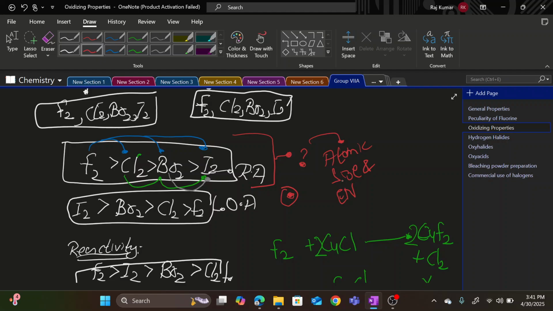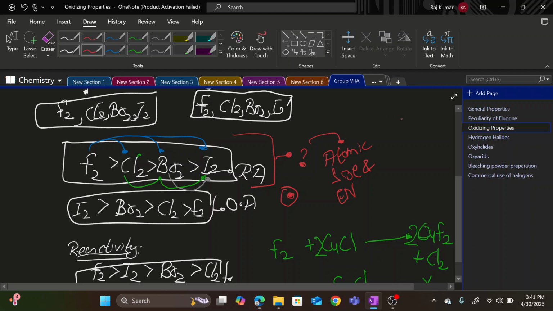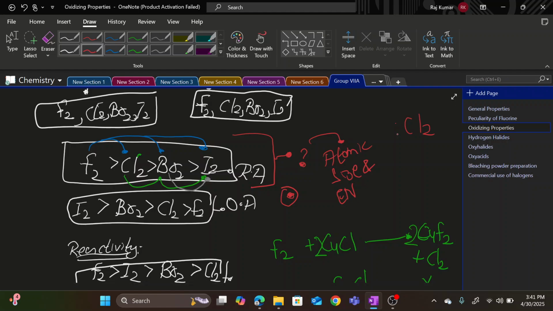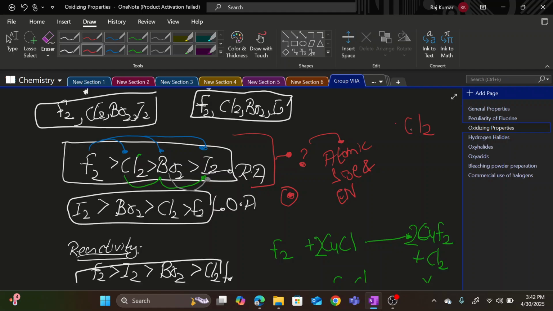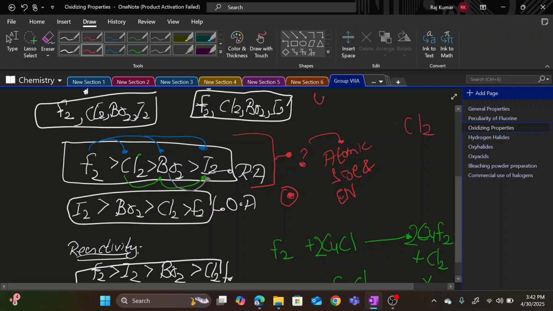and iodine. But if I am, let's say, having chlorine on the other hand, chlorine is larger in size and has less electronegativity than fluorine. At that point, chlorine cannot take away the electron pair which is being attracted by fluorine, because fluorine has an electronegativity of 4, chlorine has an electronegativity value of 3.